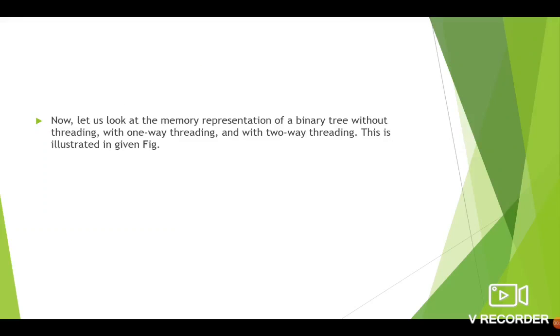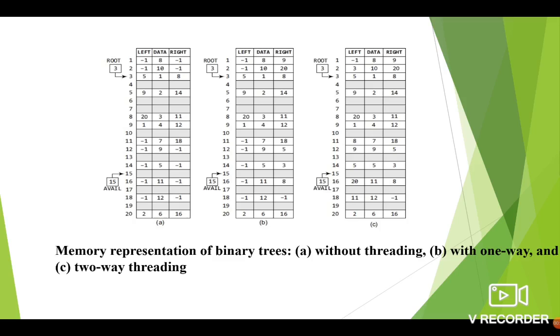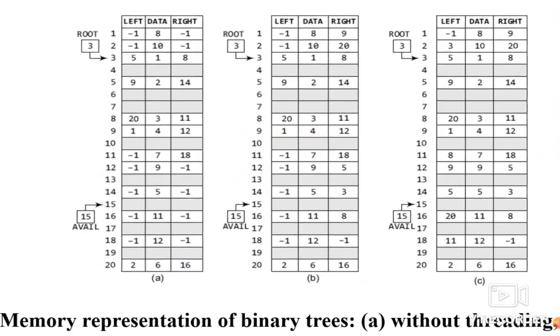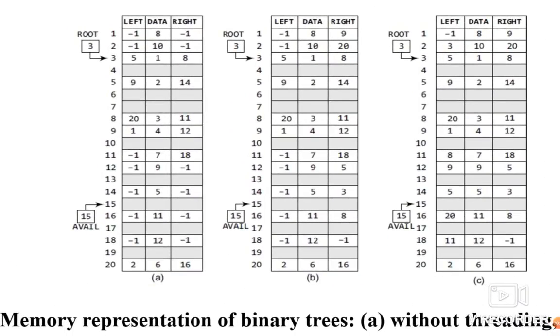Now we move on to the memory representation of a binary tree without threading, with one-way threading and with two-way threading. We will see with one example. So the first figure shows the linked list representation of the binary tree with no threading.